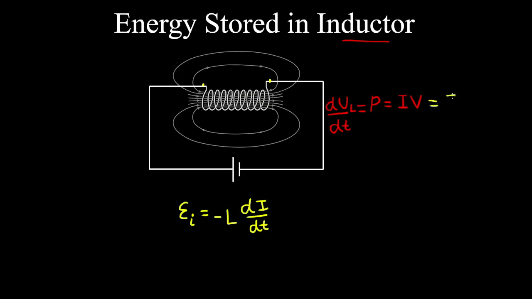So we have I by minus L by di dt. And therefore, using both sides of this equation and eliminating dt, we get dU_L is minus I L dI.